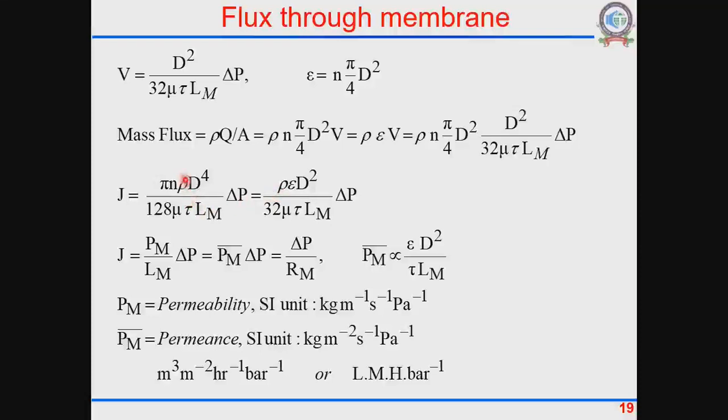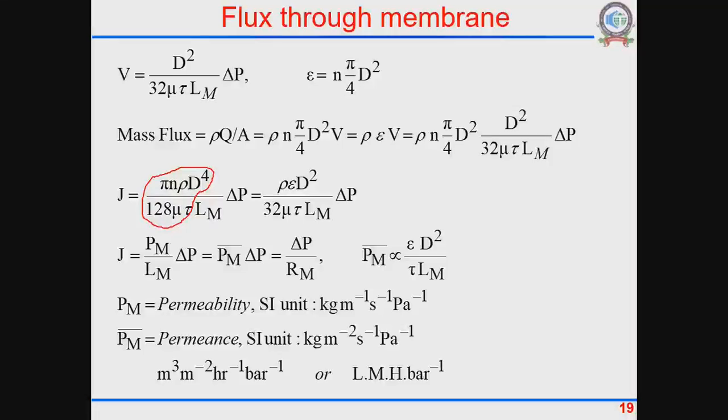We can combine these terms into a constant related to the membrane. These are all properties of the membrane: number per unit area, diameter of the pore, and the properties of the liquid, rho and mu, and tortuosity.